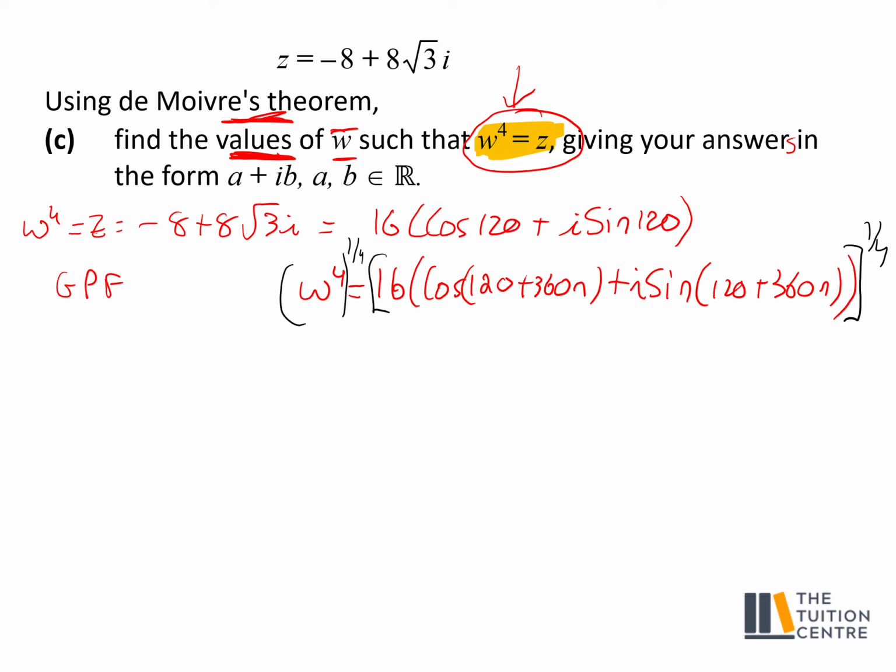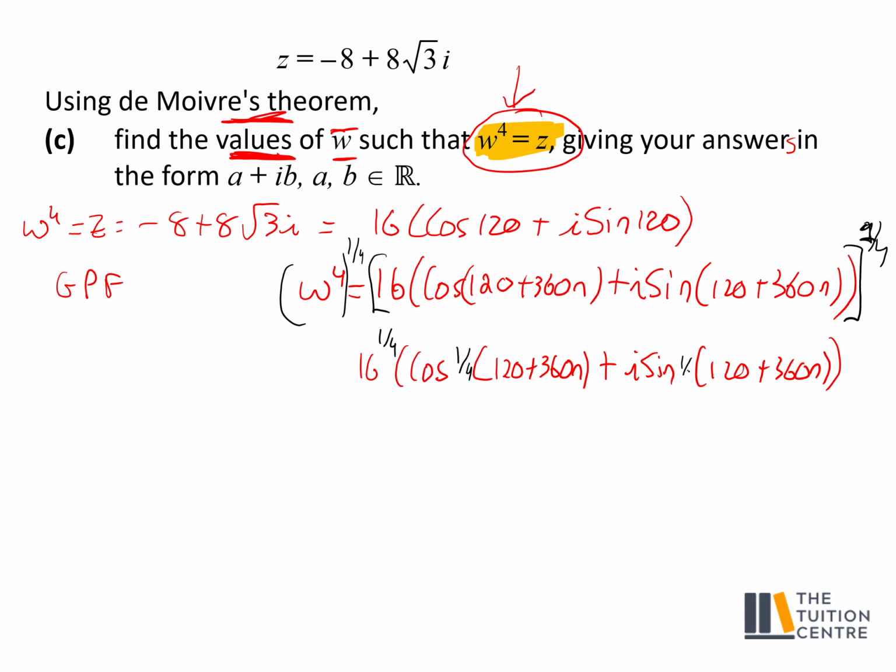So what's going to happen here? I'm going to apply De Moivre's theorem. So I'm going to write this part out in red here, but I'm going to leave a little gap for the applying of De Moivre's theorem. You'll see what it is now in a moment. So it's similar to what we just had, but I'm going to apply De Moivre's theorem, and as we know, the modulus gets raised to the power, so in this case it's the power of a quarter, and the argument gets multiplied by a quarter.